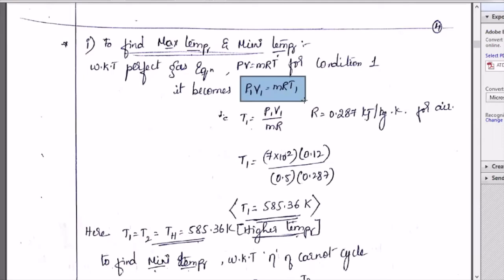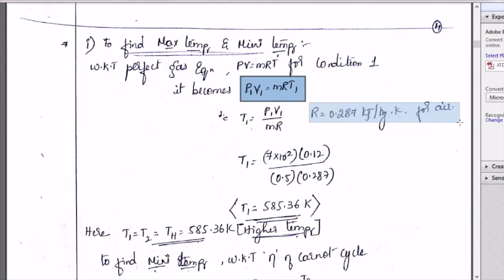It always obeys the perfect gas equation. So for the perfect gas equation, I will write T1 is equal to P1 V1 by m R. Now P1 is given as 7 bar, V1 is given, m is 0.5 kg, and R you have to always remember is 0.287 kilojoule per kg Kelvin for air.